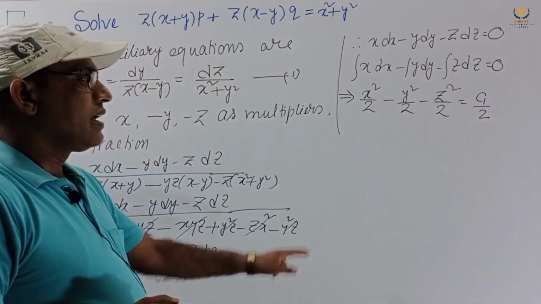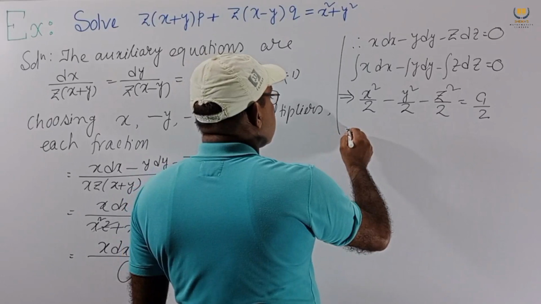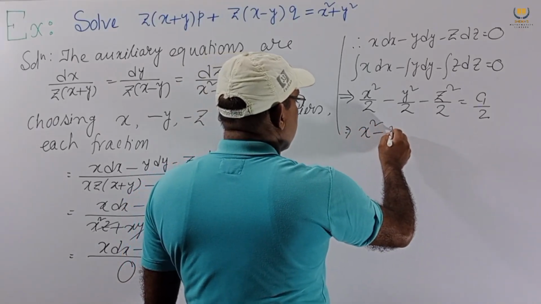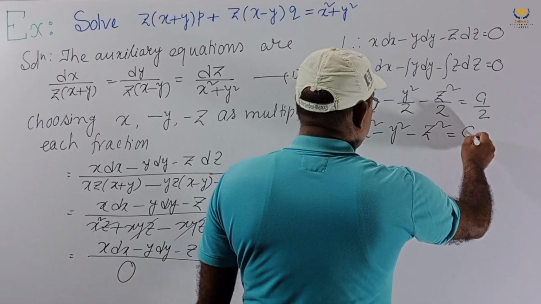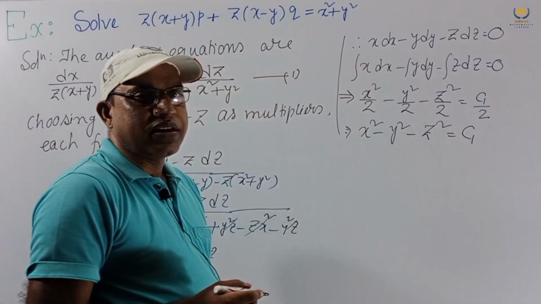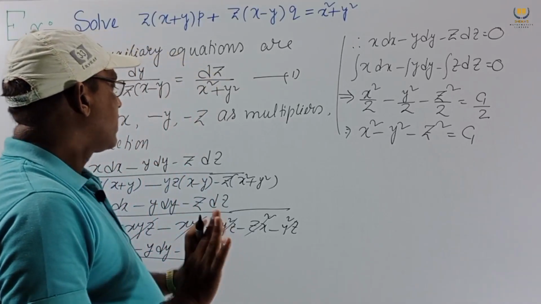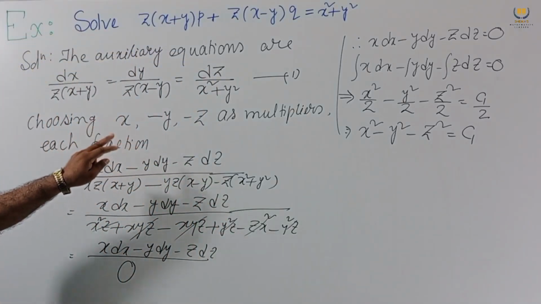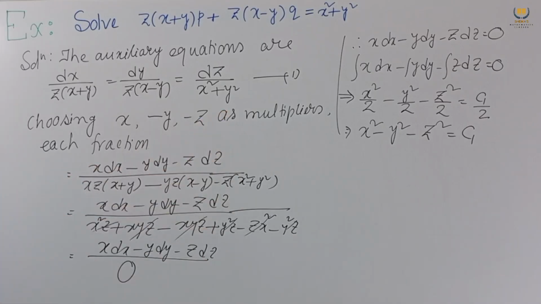Here we consider the constant as c1 by 2. This implies x square minus y square minus z square equals C1, where C1 is an arbitrary constant. So first, taking x, minus y, minus z as multipliers, we get this one.